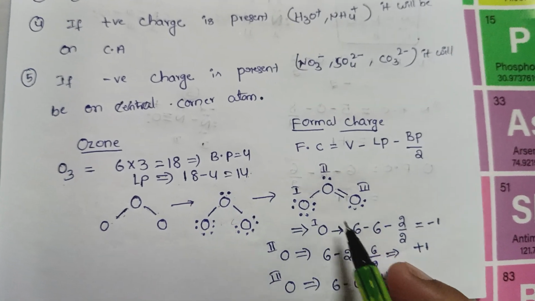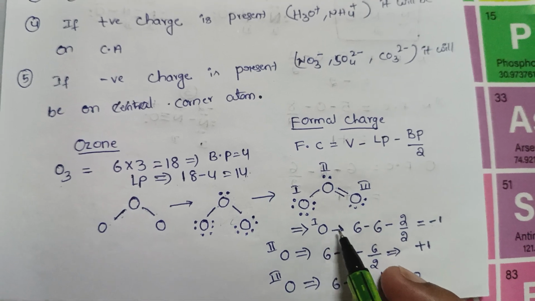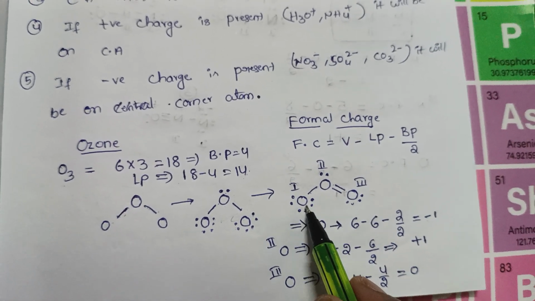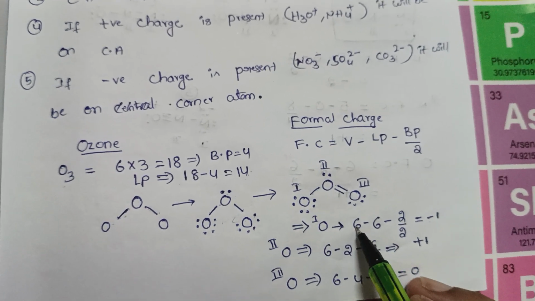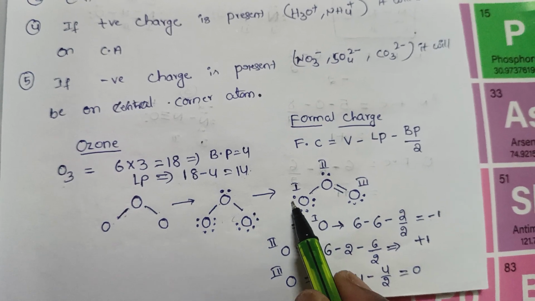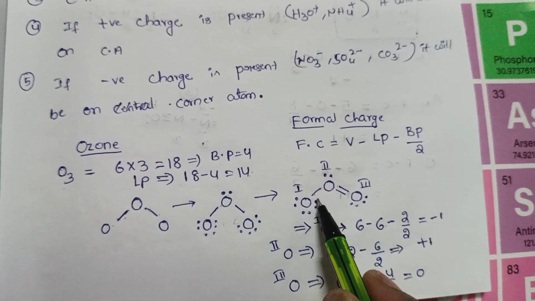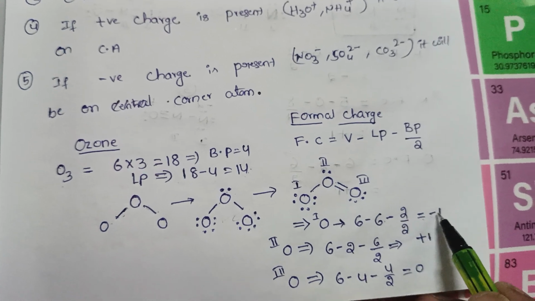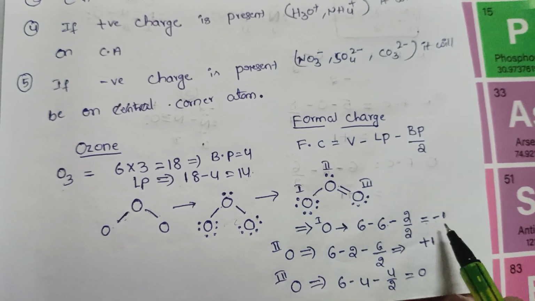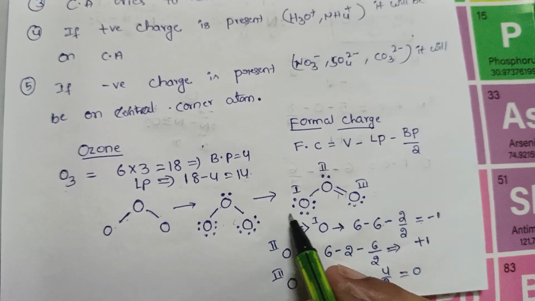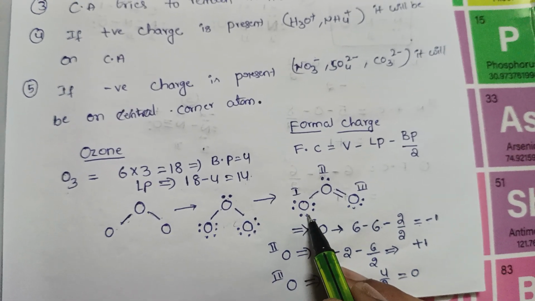For the first atom, the total valence electrons present in oxygen in the free state is 6. How many lone pair electrons? 1, 2, 3, 4, 5, 6. Bonded pair electrons, 2, divided by 2 equals 1. We get minus 1, which is the formal charge for the first atom of oxygen.